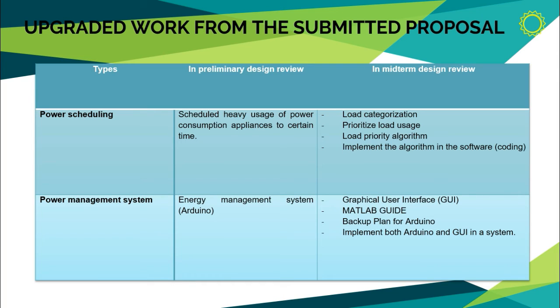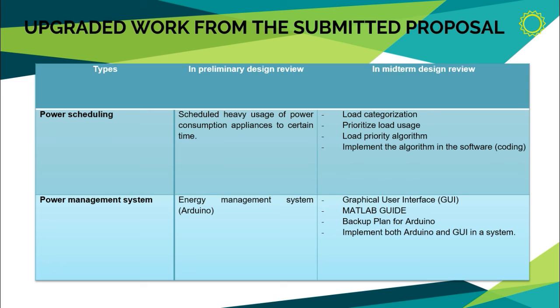Next we go to the upgraded work. As you can see in the table, we compared the preliminary design and the midterm design. For power scheduling, we proposed to schedule heavy power consumption usage, but in the midterm design, we categorize and prioritize loads and also implement the algorithm in the software.